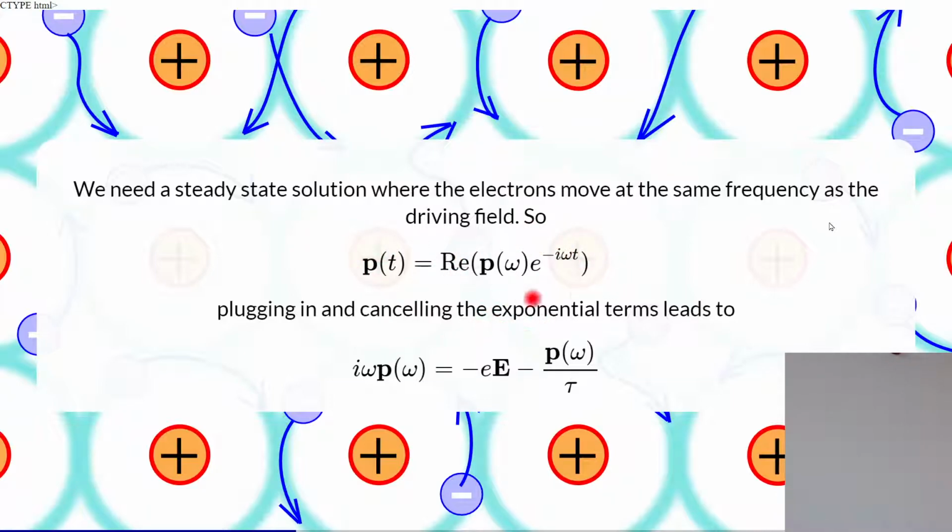We can plug these into our Drude model. Our derivative on the left-hand side is dp by dt. This gives us an i omega out the front. Then we can cancel out the rest of our exponentials.